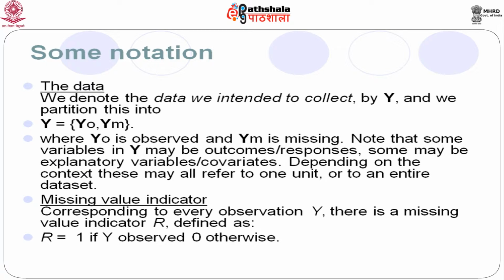All right. Then we introduce a missing value indicator. You see that y does not necessarily mean the response; it may be any explanatory variable for which observations are missing too. So, let us go for a missing value indicator which is r equals 1 if y is observed and r equals 0 if y is missing.